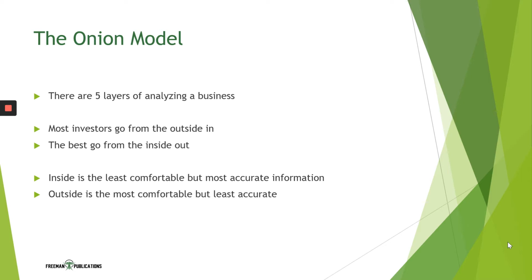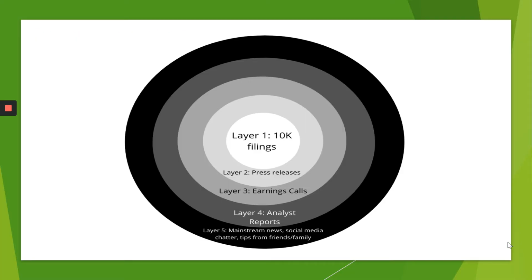And the best investors go from layer 1, which I'll be explaining in a moment, to layer 5. They go from the inside out. Because the inside is the least comfortable information, but it's the most accurate. Whereas the outside is the most comfortable information, but the least accurate. So here's the onion model in a basic diagram.